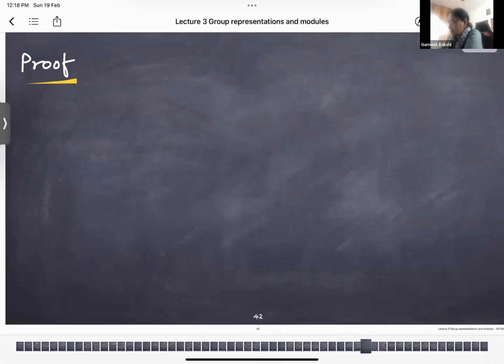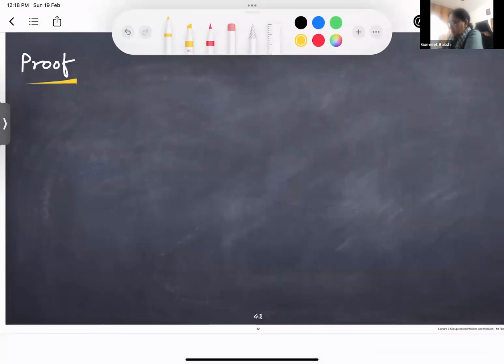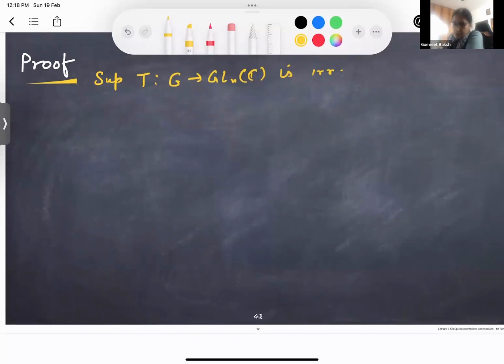Suppose T from G to GLnC is irreducible. Then you consider the corresponding module. So what will be the corresponding module? It will be n copies of C regarded as a CG module.